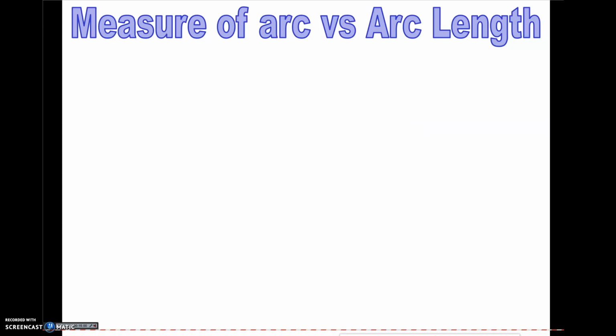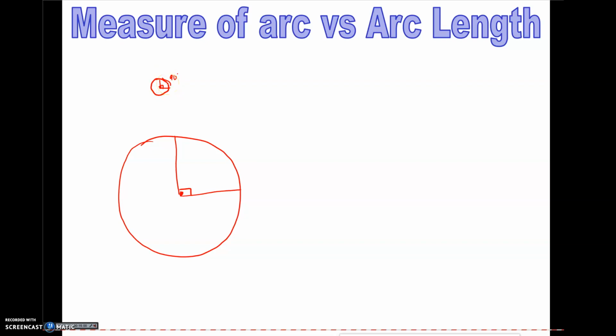Well, let's look. If I have two circles, let's say I have this little one right here, and I have this as a right angle, and I have this bigger circle, and I have this as my right angle. Well, this is a central angle, and I know that the measure of my arc is going to be exactly the same as the central angle.